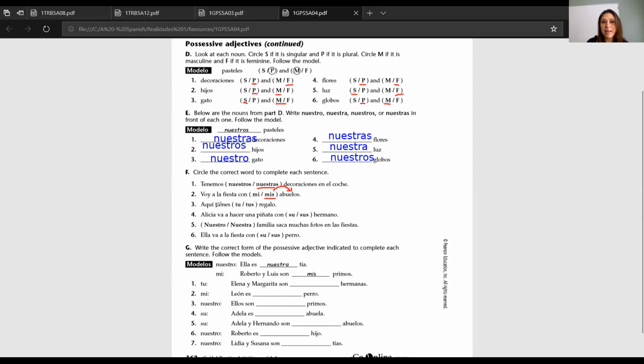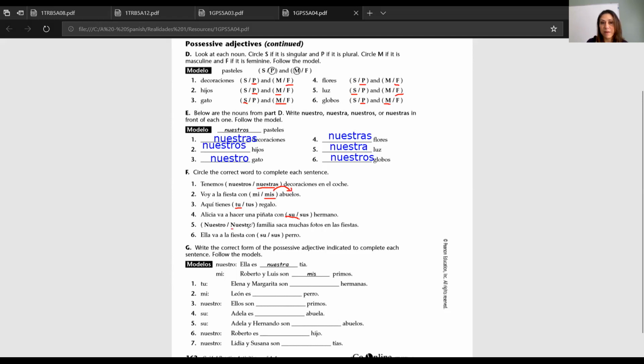In this case, we're not worried about gender. Aquí tienes tu regalo, because this is singular. Alicia va a hacer una piñata con sus hermanos. Su hermano, because this is singular here. Nuestra familia saca muchas fotos en las fiestas.